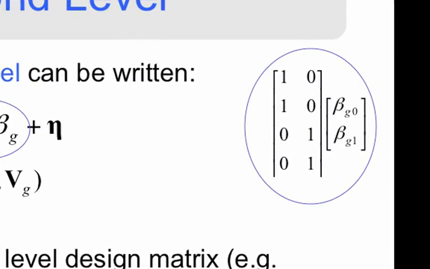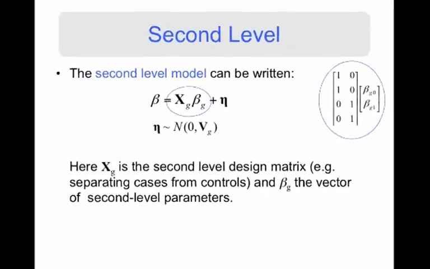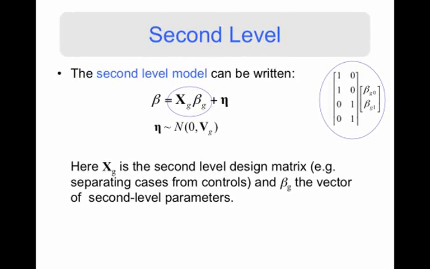This tells me that the first 2 subjects have mean beta g0, and the second 2 subjects have beta g1. Now there's also an error on top of that. Another way we could set up the second level design matrix, if everyone was from the same group, is to just make Xg a vector of 1s, and we have a single beta g corresponding to the population mean.